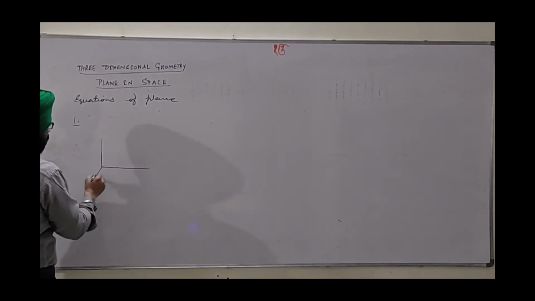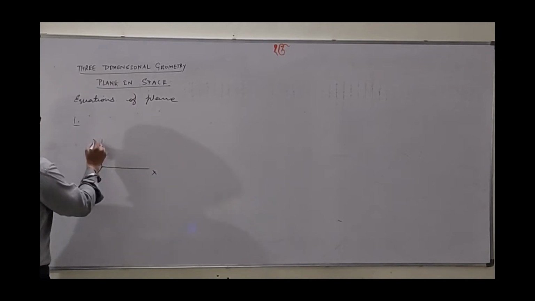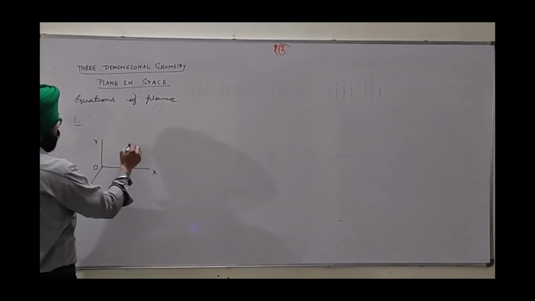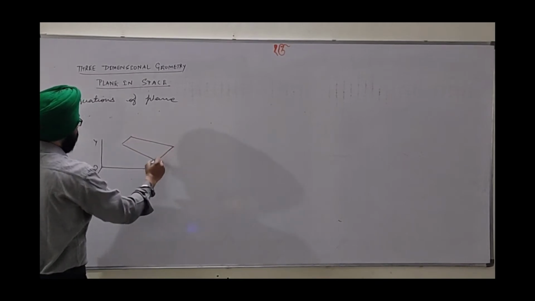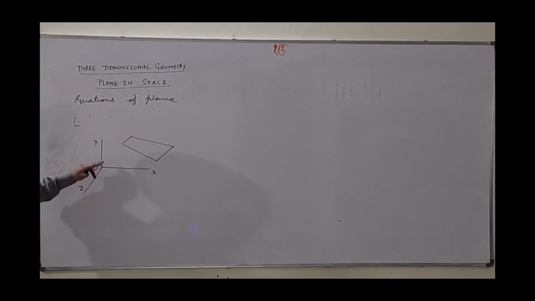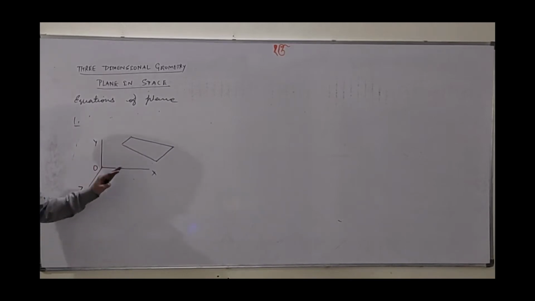If we consider this space, in general I take all three axes x, y, z positive. Such an octant, the very first octant, plus, plus, plus, where all three axes are in the positive direction.